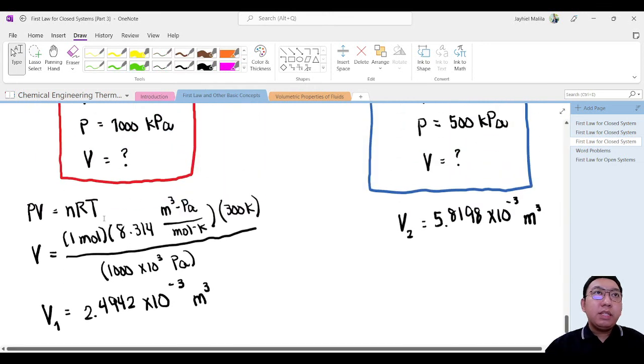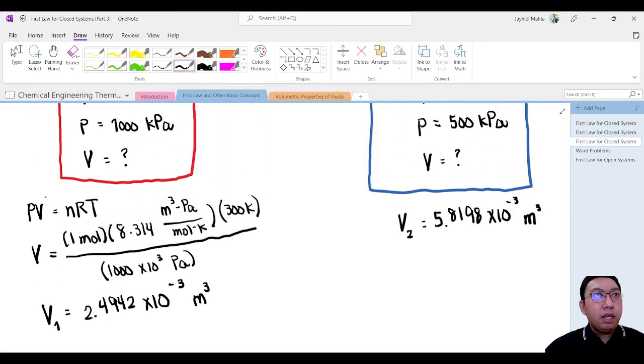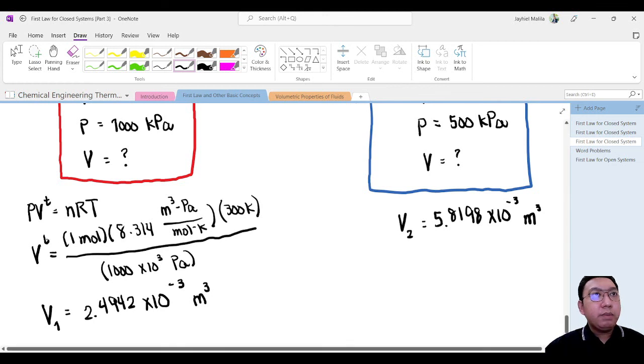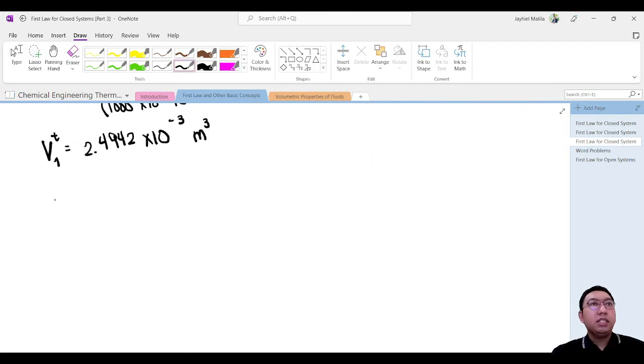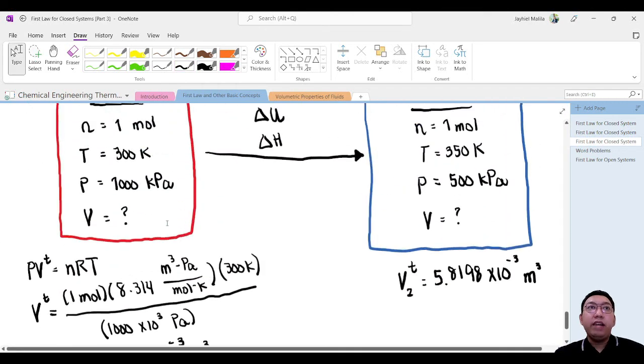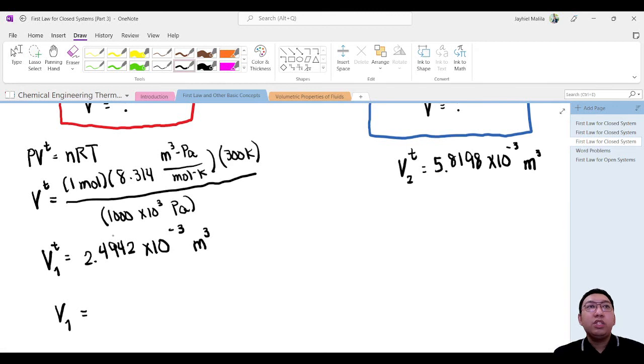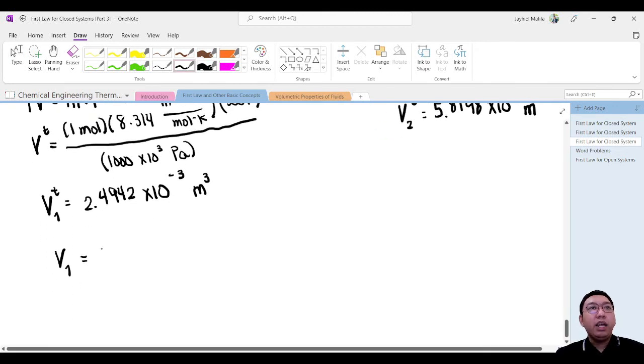What is my mistake here is probably just to write the total symbol for this one. But for molar volumes in this case, it's very easy, since the given is just 1 mole. So you just divide everything by 1 and use the same value. But this time, the unit is in terms of moles.